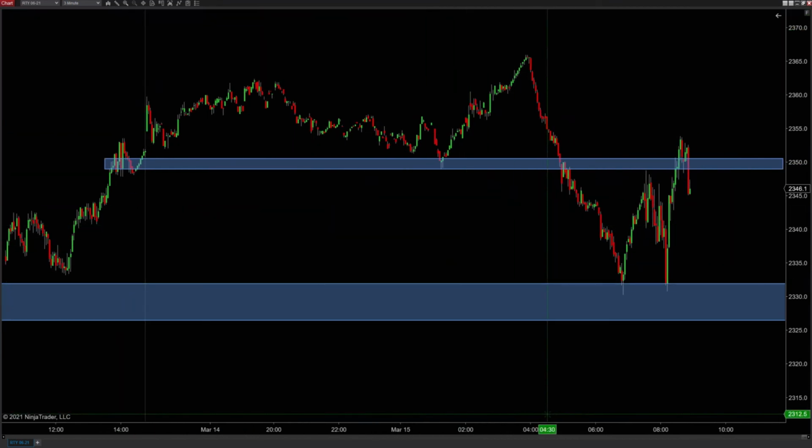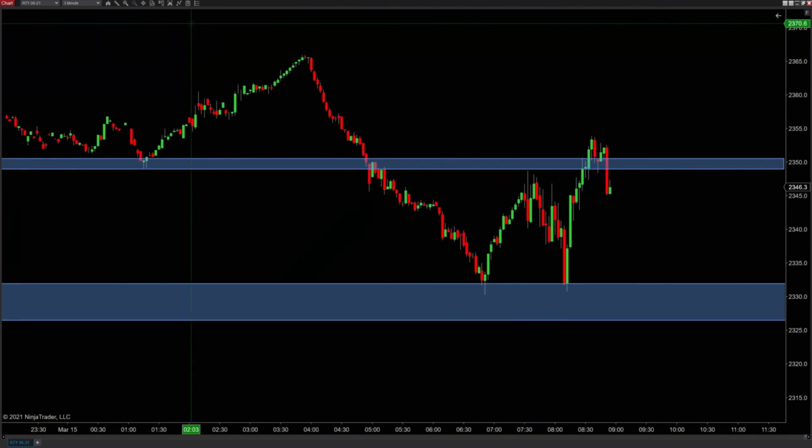I am short at 2345.7. And my stop loss would have to be up here, 2352. So it's about 6 points. So my target, my exit's going to be 23.33 for my target exit.